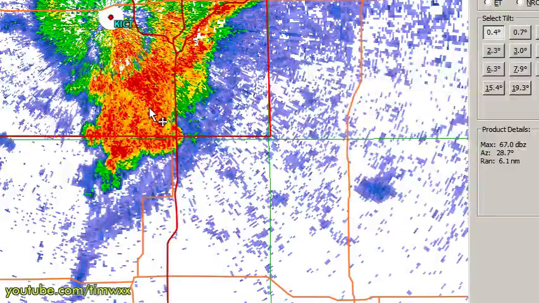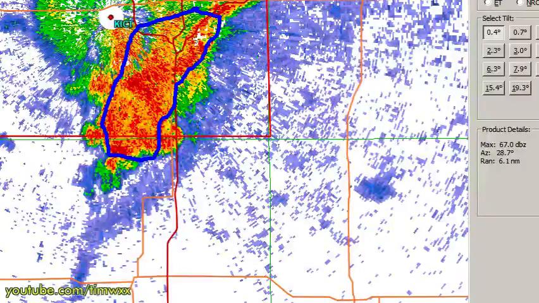Usually the first thing that I look for is the strong reflectivity gradients on the inflow side of the storm. And yeah, those are kind of piled up towards the southeast side of the storm. So the higher gradients or the higher values are down here, and then the main bulk of the storm is something like that.